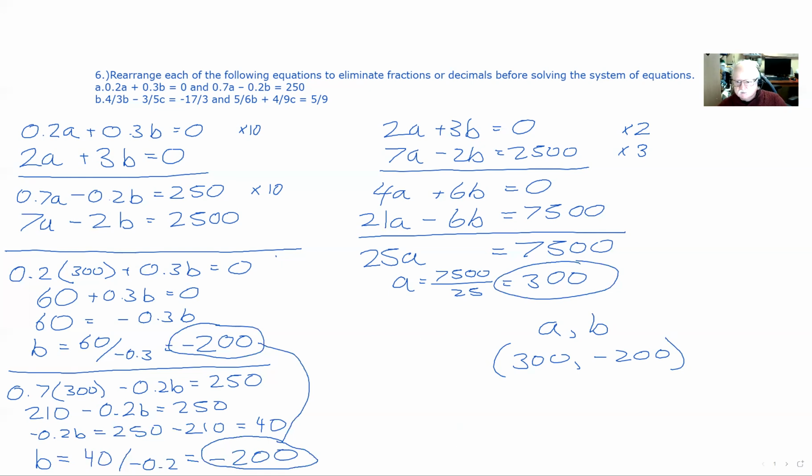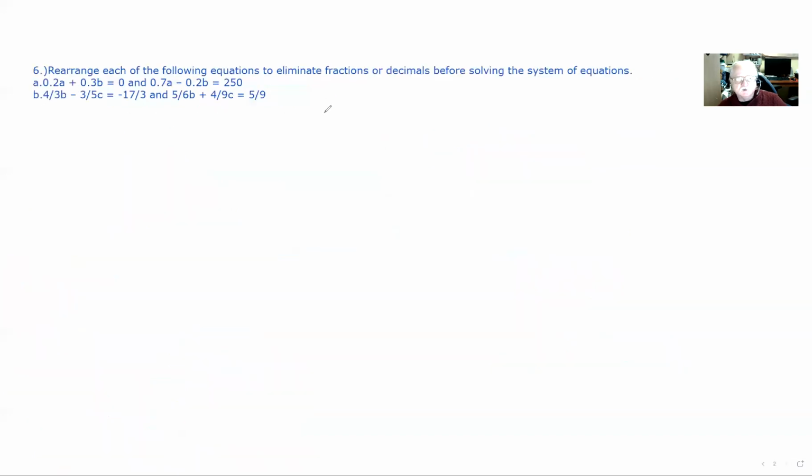So let's take a look at the second part of this. I got smart and already put it on this page here. Let's take a look at how to get rid of fractions. We've been given 4 over 3b, take away 3 over 5c equals negative 17 over 3.